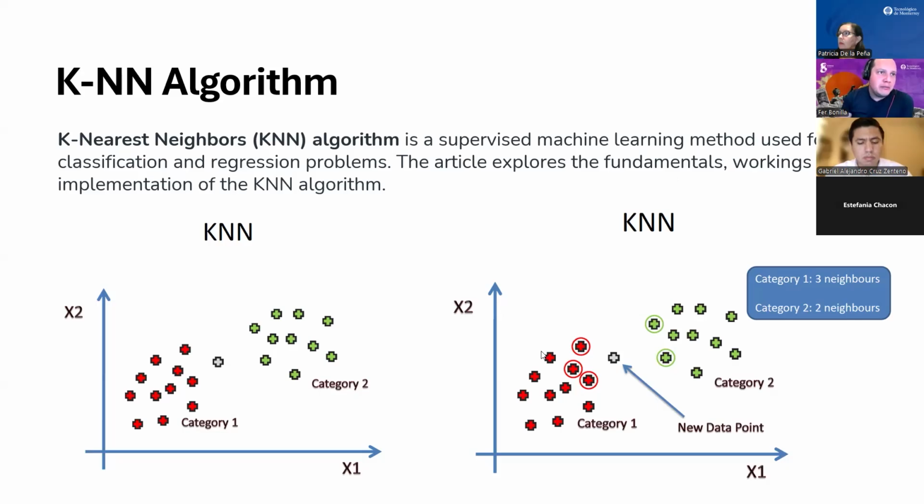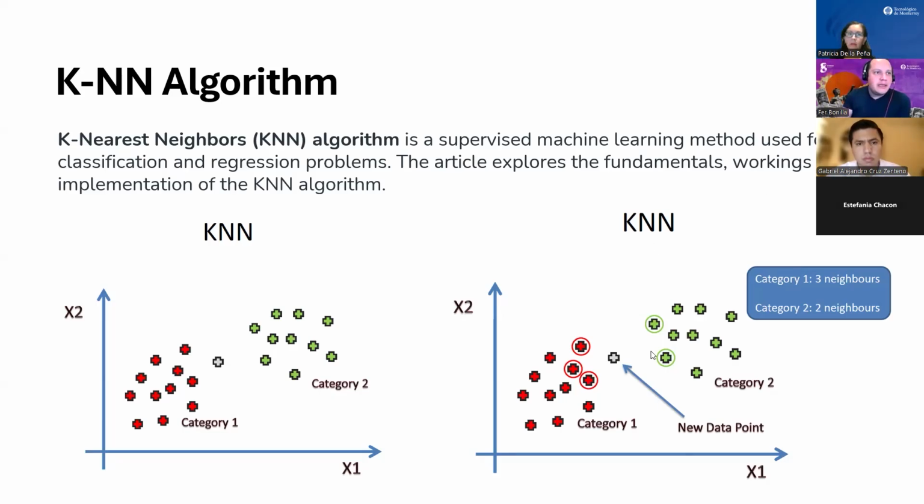Because as you can see here, that's what is called nearest neighbors. Nearest neighbor means which existing data points are closer to the new data point. That's why it's called nearest neighbors. You count how many of the closest neighbors belong to each group, and the group with the bigger amount is the one the new data point will belong to.